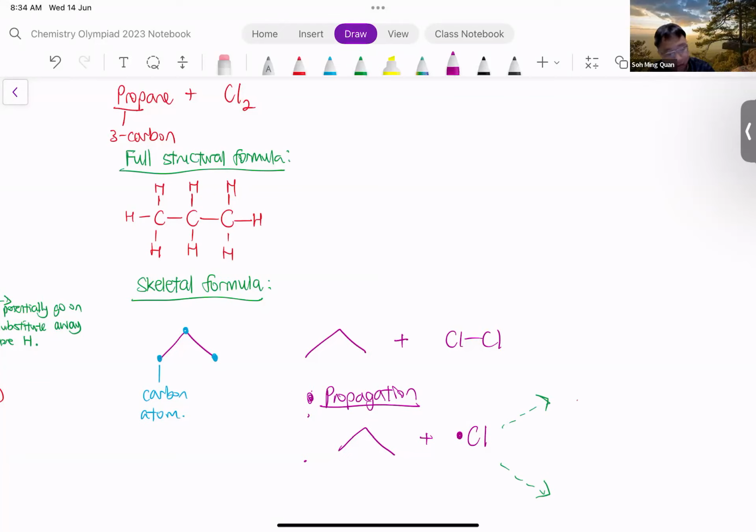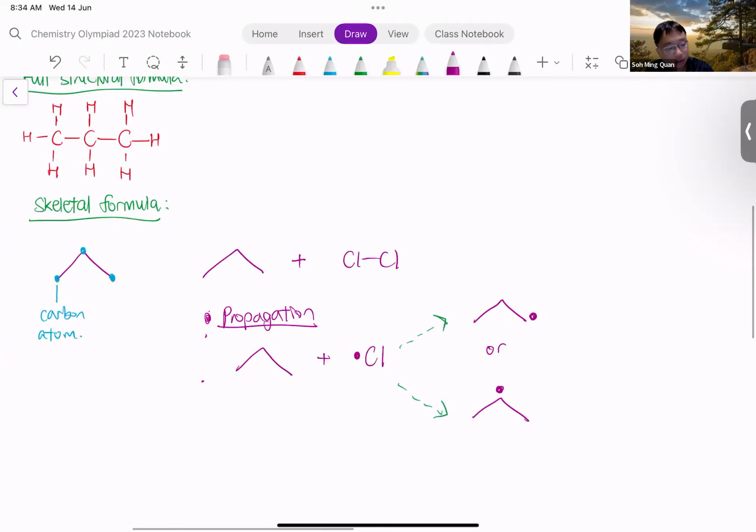Either the radical is formed at the end carbon atom, the terminal carbon, or the radical is formed in the middle carbon atom. For methane, this is not a problem. For methane, it's only 1 carbon atom, so it doesn't matter. There's no position where the radical could be. But in this case, we could have both situations.